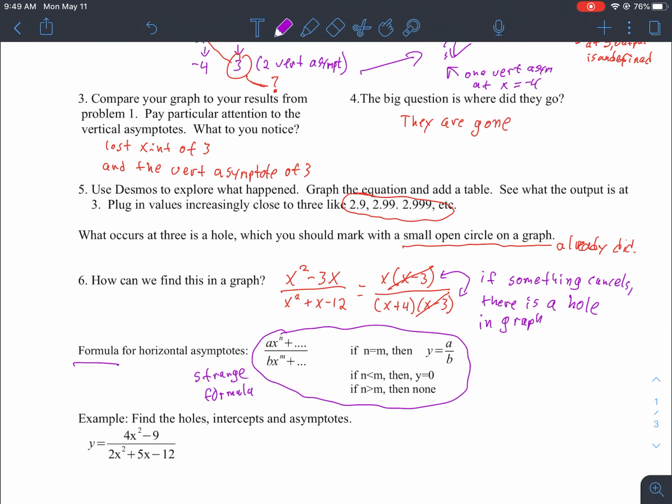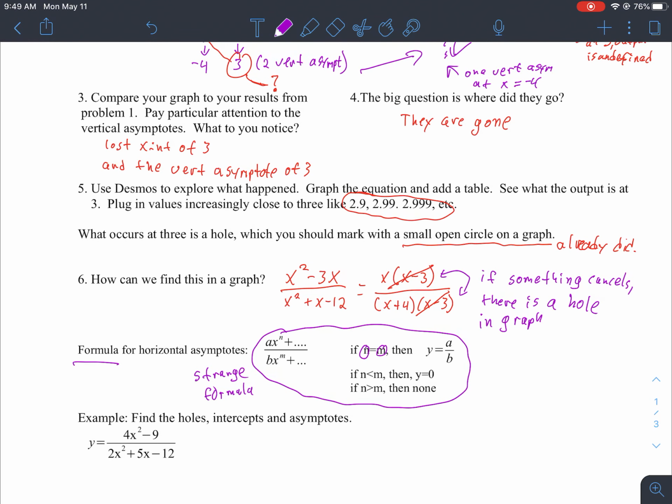is that this n and m, see these n's and m's? These n's and m's are the exponents. Ax to the n, the n is the top exponent. N is the largest exponent on top.